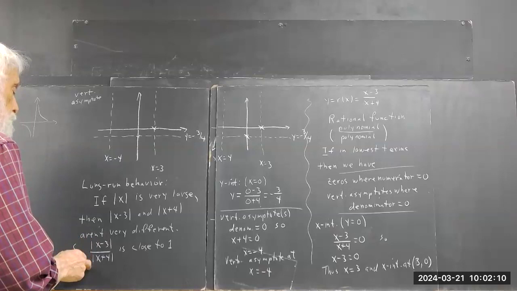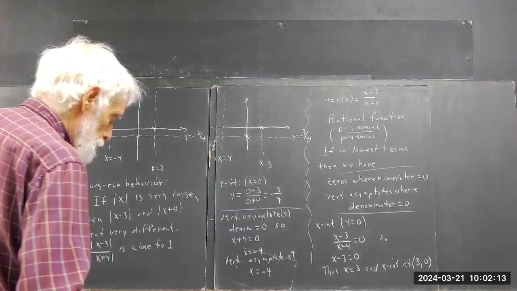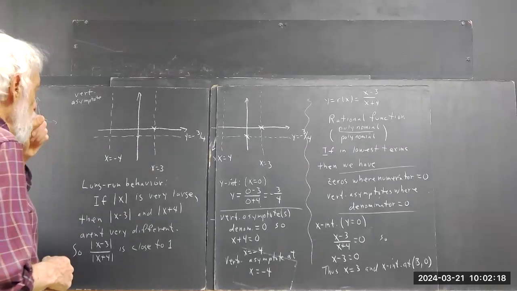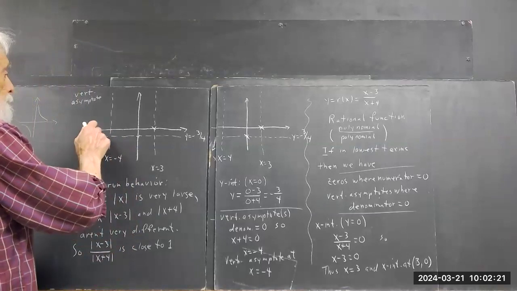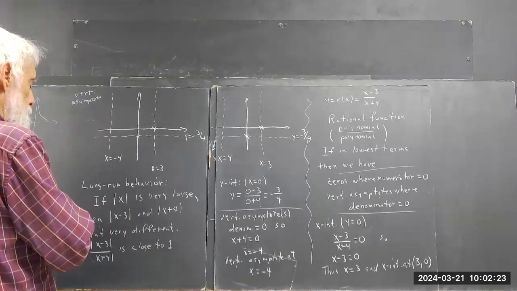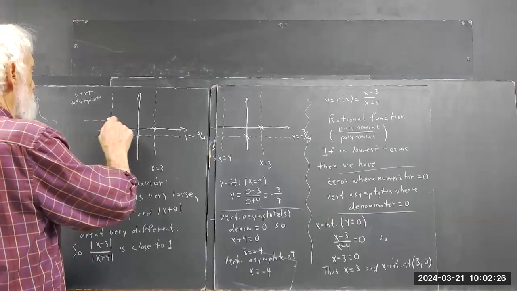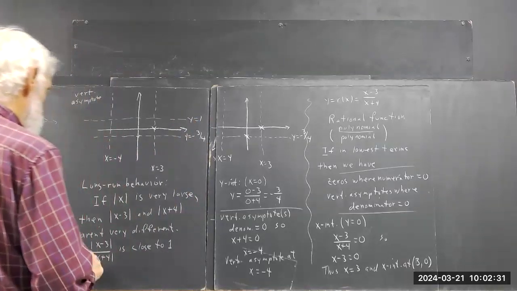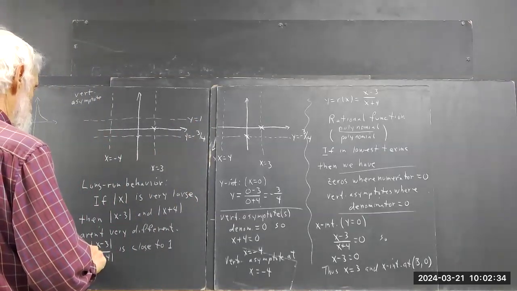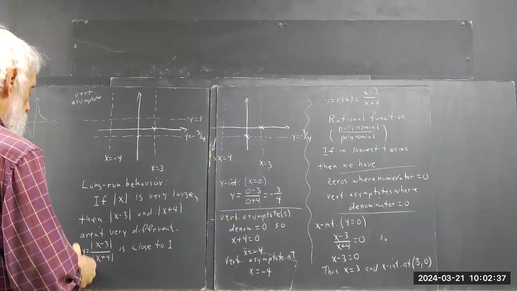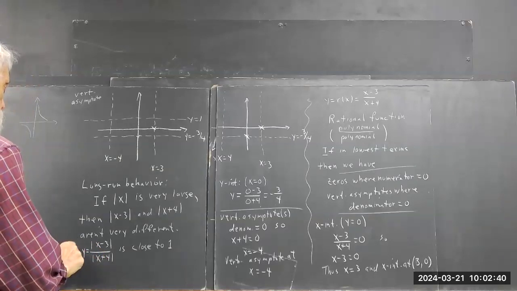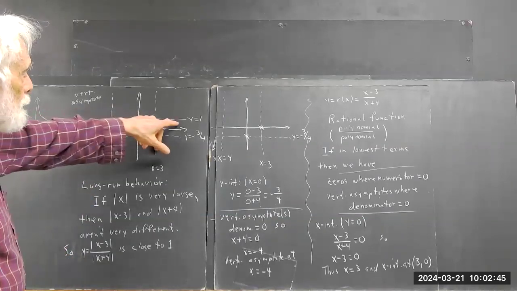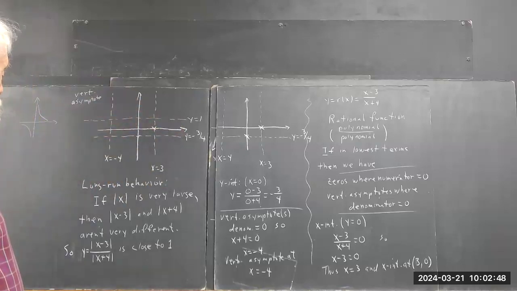Now there's a rule for determining this that we'll see in a little more detail when we look at another example or two. But what this is going to mean is that up here at y equals 1, y is going to be close to 1.